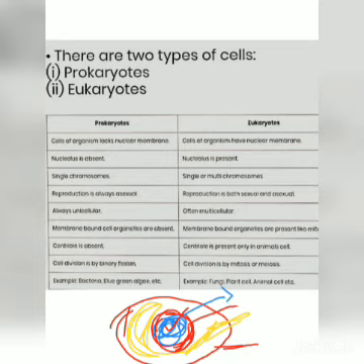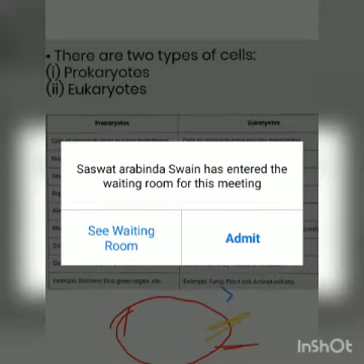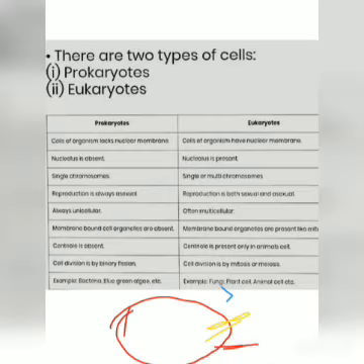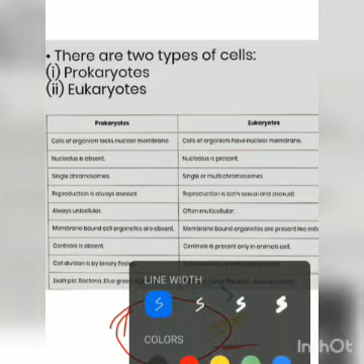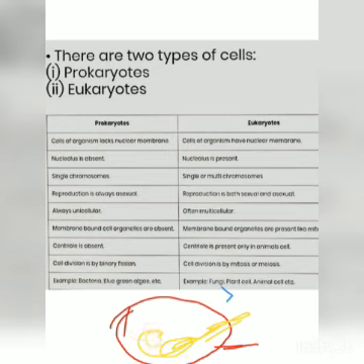Okay, in case of prokaryotes, they do not have any nuclear membrane, so their cytoplasmic content and their nucleic acid content remain together like this.